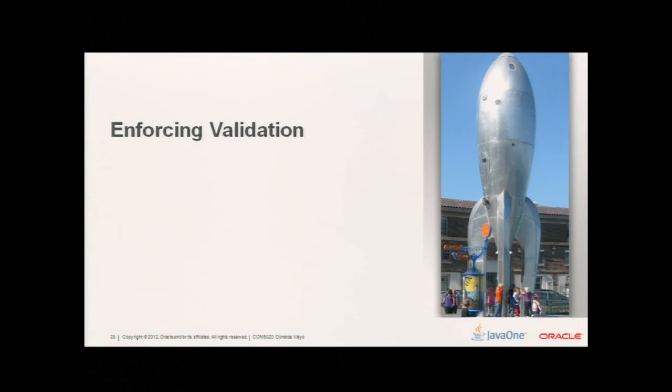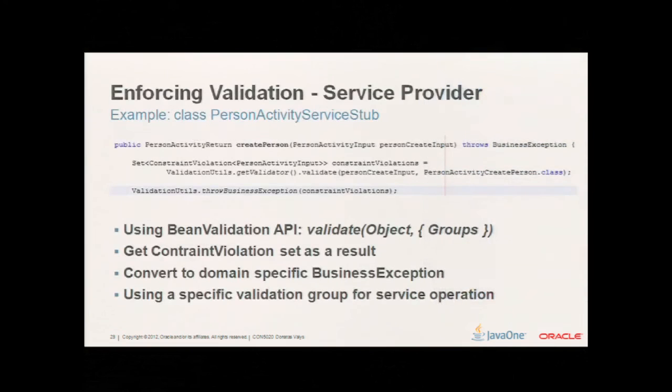How can validation be enforced? Bean validation, the most common case is a simple one. Bean validation API provides a method validate, where you can put an object annotated with bean validation constraints and the groups for which those constraints have to be validated.